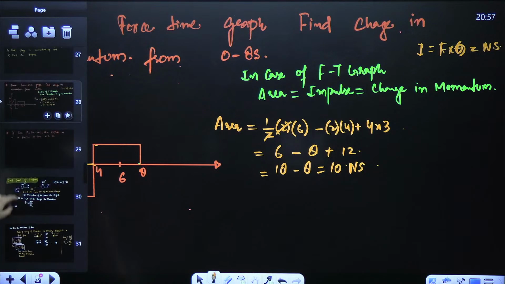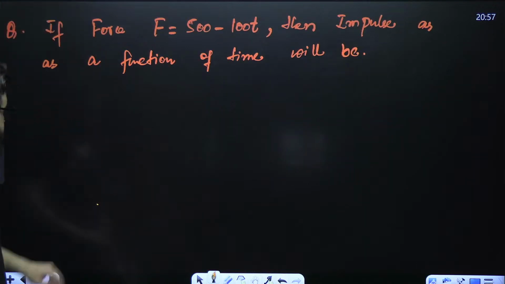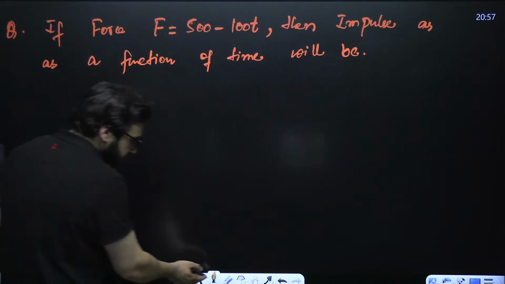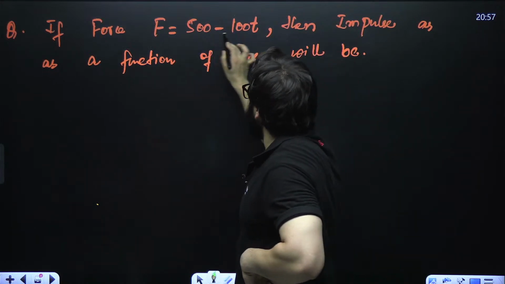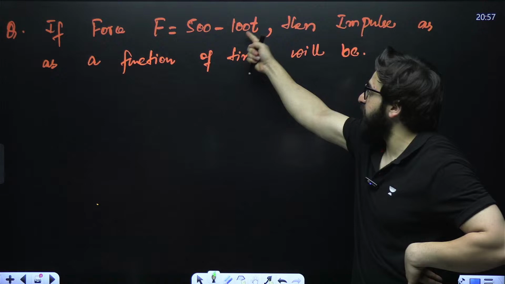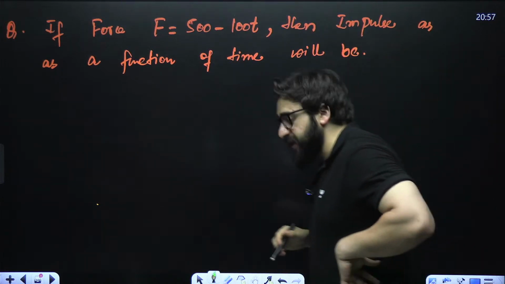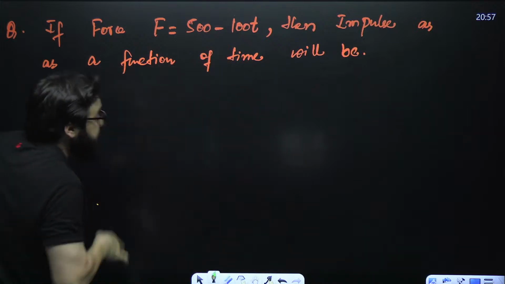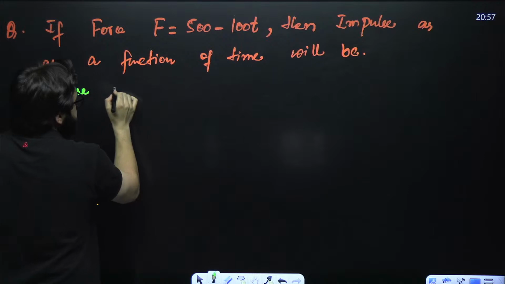Let's suppose you get a question something like this. Sure, guys, in this particular case, we say force versus time relation is given. Then impulse as a function of time will be. See. We say in this particular case, here, force is given.